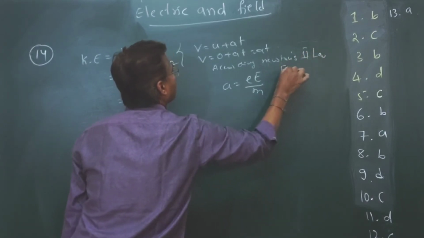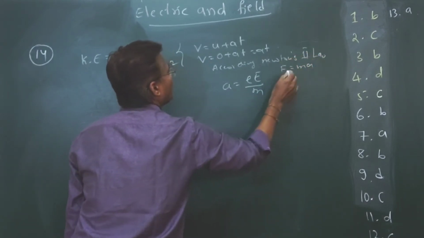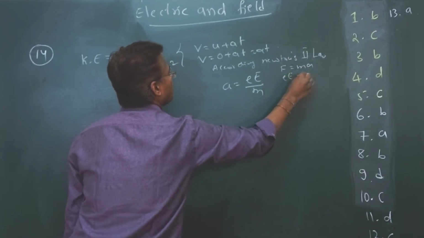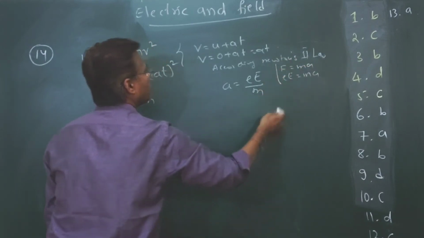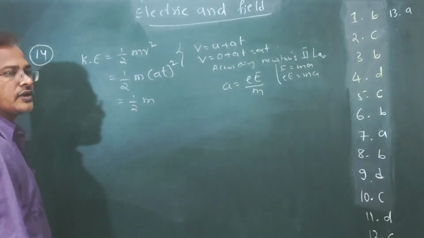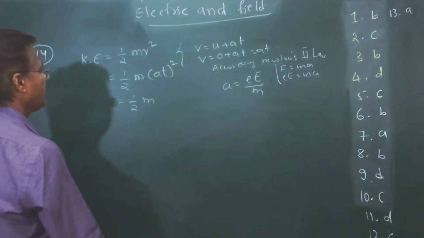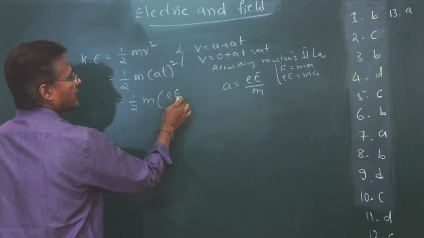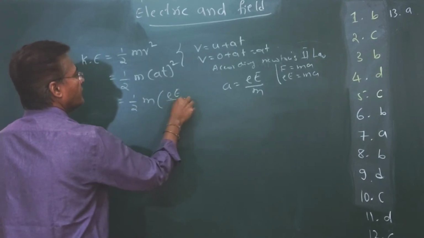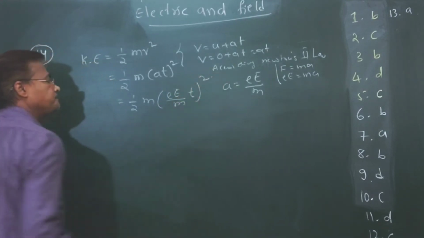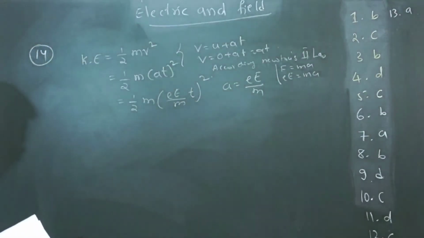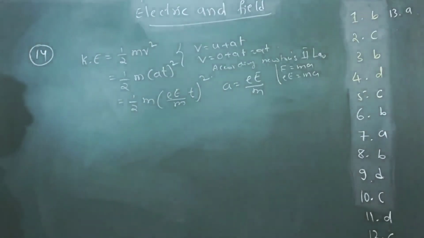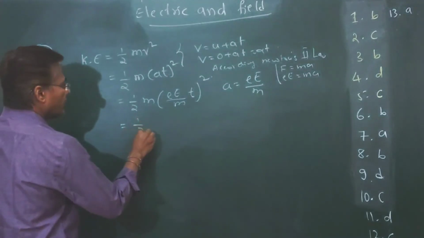Second law: F equals m into a. So F value is capital E small e, m a. Substituting here, you get the a value. Then you substitute here: small e capital E divided by m into t, whole square. So you substitute 1 divided by m.